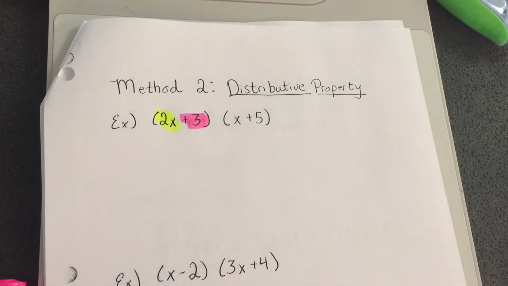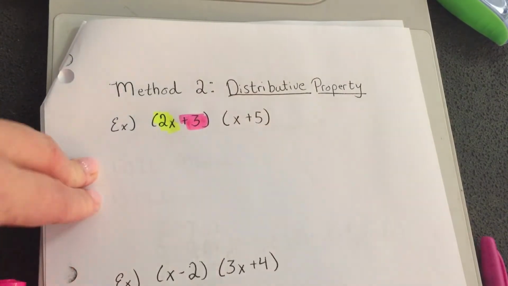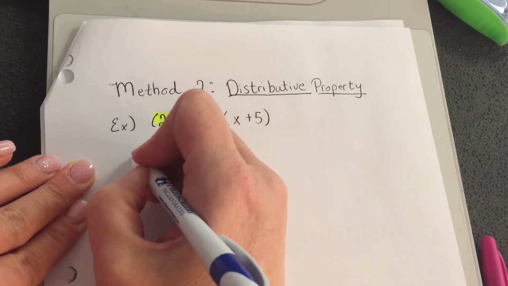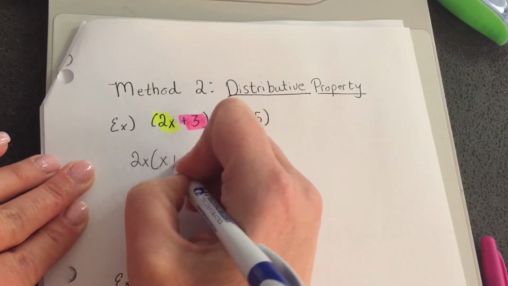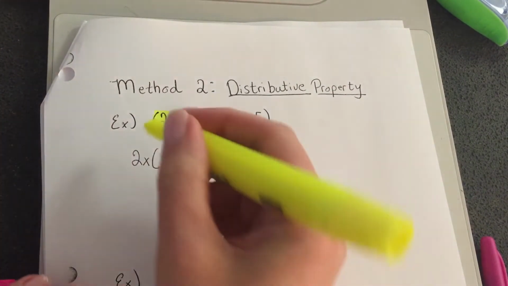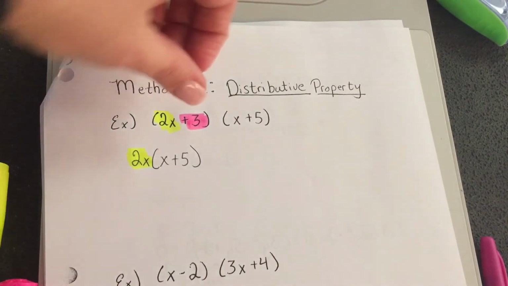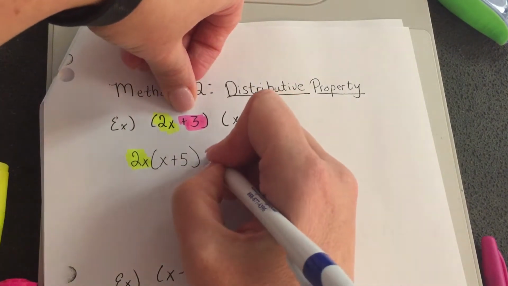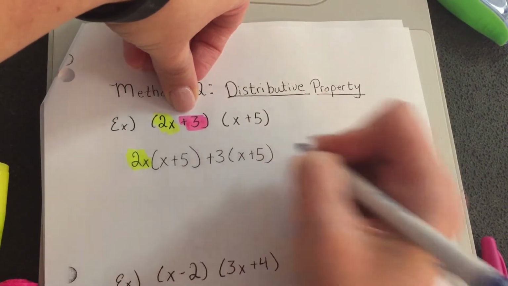I'm going to use a blue pen here. I'm going to take 2x and multiply it by this entire parentheses. Now since this is a positive 3, I'm going to write plus 3 times the second set of parentheses, or the second binomial.